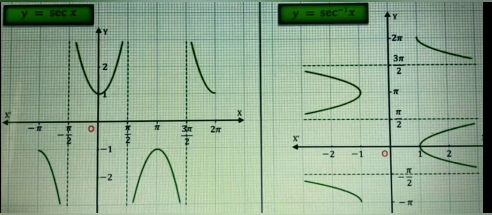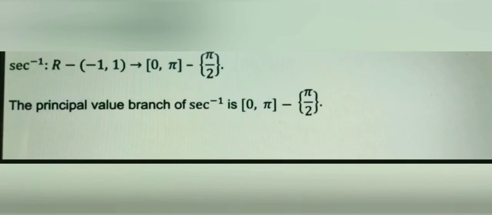So here you have a graph of y is equal to sec x and y is equal to sec inverse x function. For sec inverse function, the domain and the range is given here. The principal value branch for sec inverse is closed interval 0, pi excluding pi by 2.